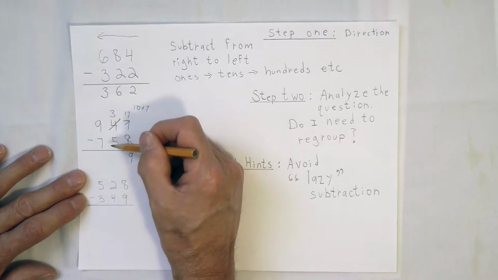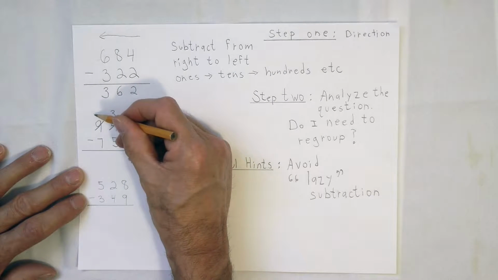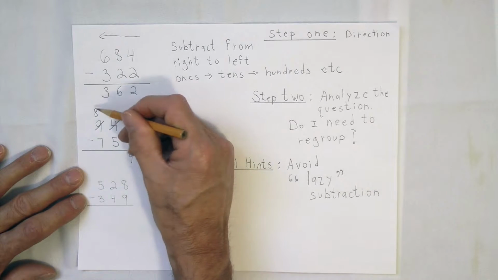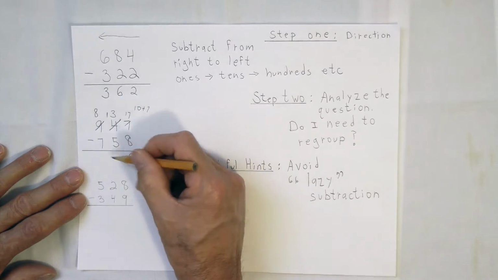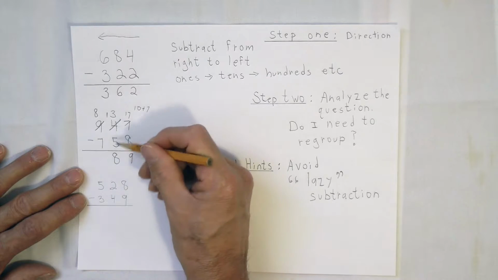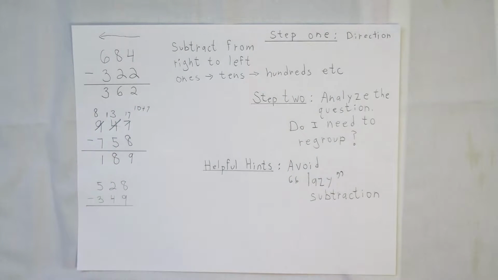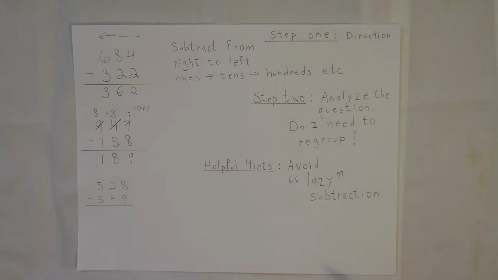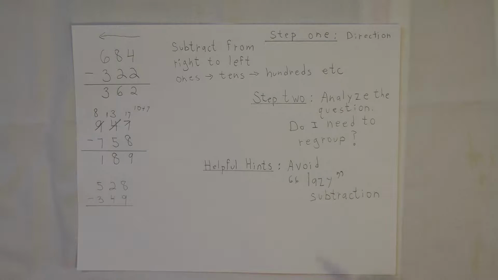But 3 tens cannot take away 5 tens, so we get help from the hundreds column. 9 hundreds become 8 hundreds, and then we are sending 10 next door. 13 minus 5 is 8, and finally in the hundreds column, 8 minus 7 is 1, for an answer of 189. When we subtract and we talk about an answer, we are talking about the difference. The difference between 947 and 758 is 189.